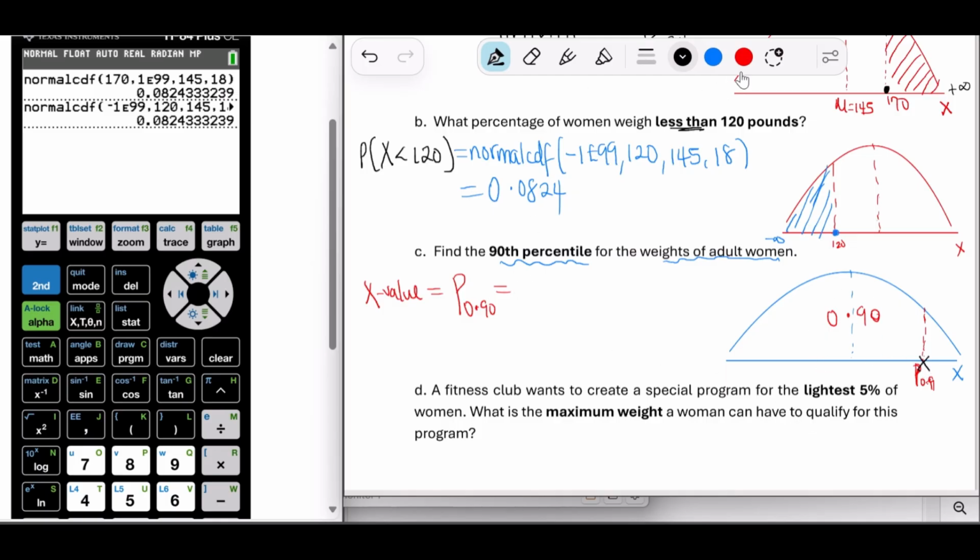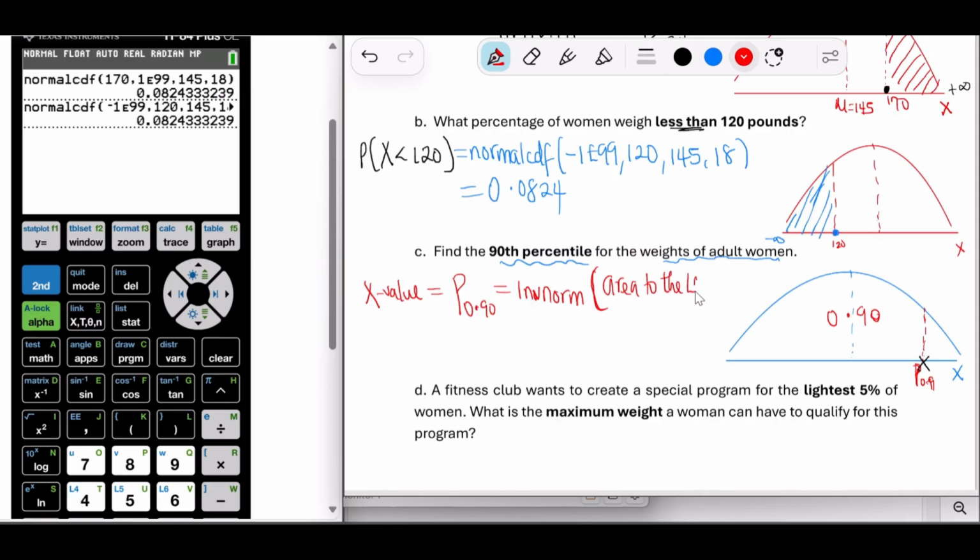By doing that, we use something we call the inverse norm. The inverse norm is used when the area under the curve is given and you want to get the exact x value. This can be done for the z value too. Over here, we are working on the normal distribution. So we do the inverse norm, area to the left.